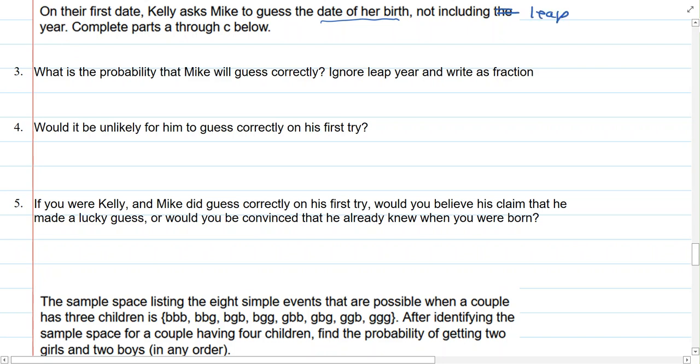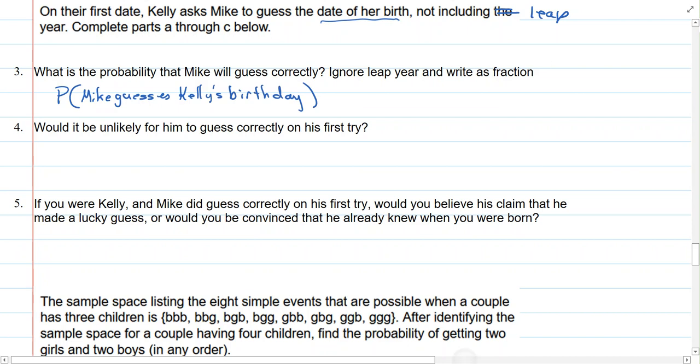Complete A through C. What is the probability that Mike will guess correctly? We have to know a few things.